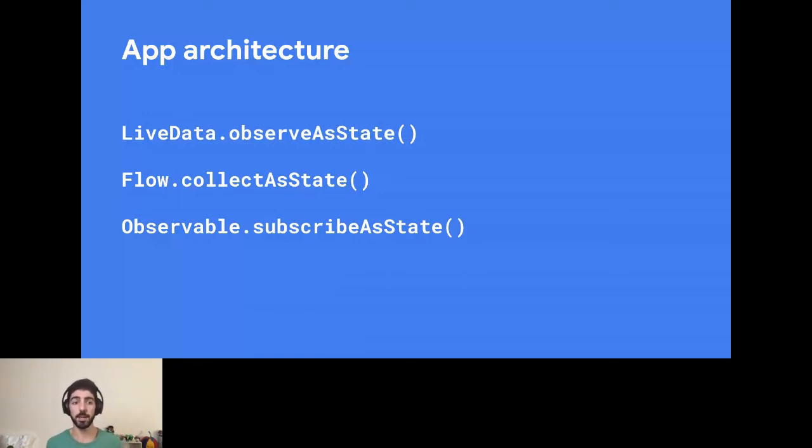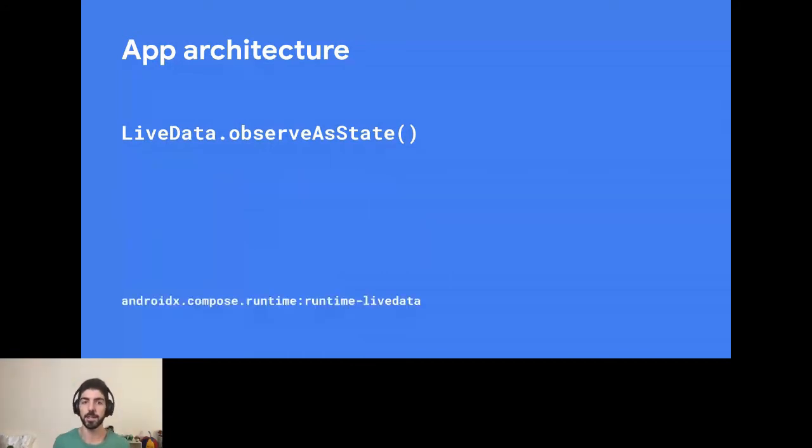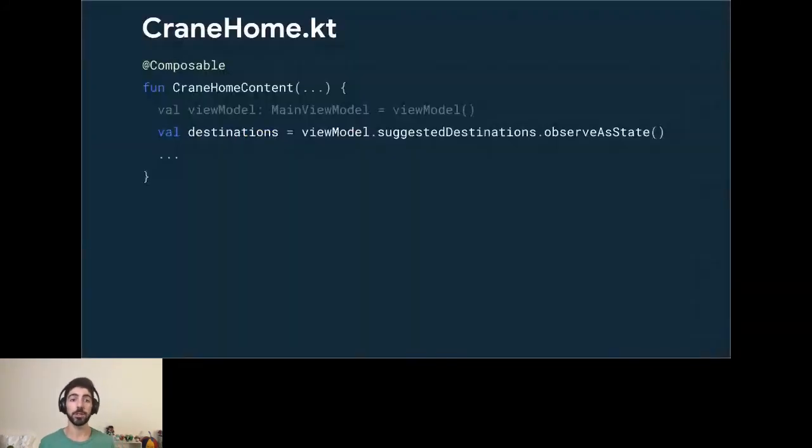So in the following example, in Crane, we are going to use the LiveData extension, and that one is available in the runtime-livedata artifact, as you can see at the bottom of the screen. So back to our example, we had our view model there. And because the view model exposed the suggested destinations, we can call viewModel.suggestedDestinations.observeAsState and assign that to destinations.